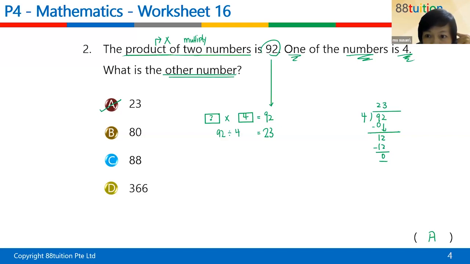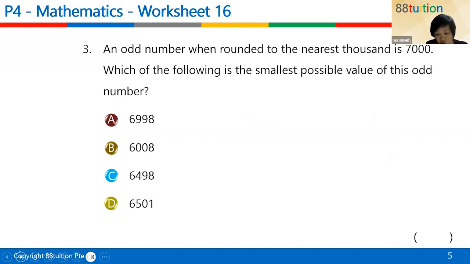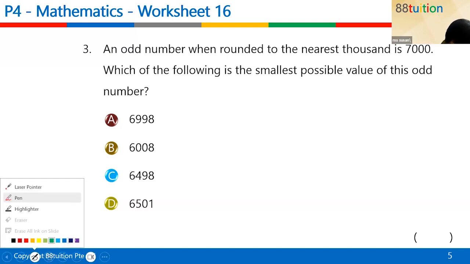Thank you, Clara. Okay, then I go on to question number 3. Let's check it out. An odd number when rounded off to the nearest thousand is 7,000. What is the smallest possible value for this odd number to be? What is the first thing they give you?